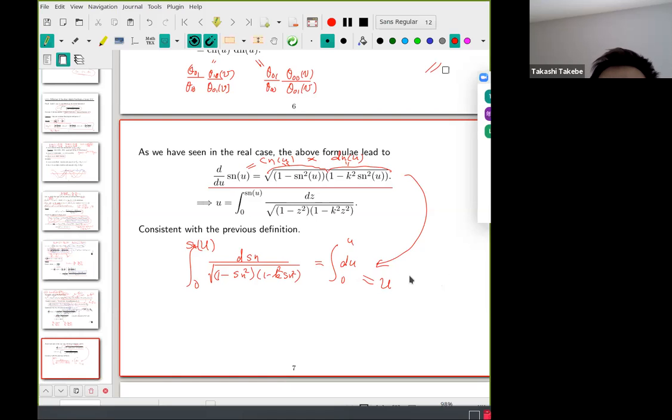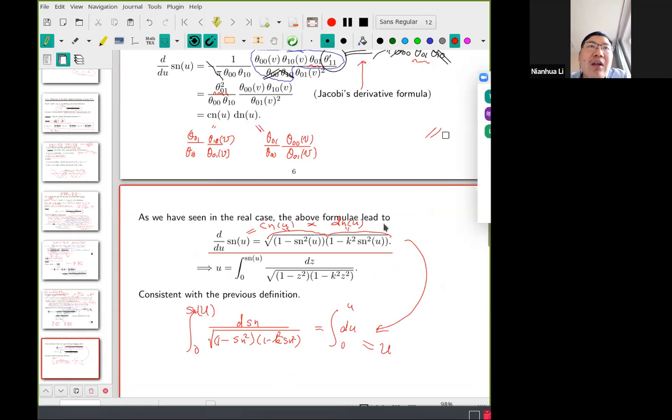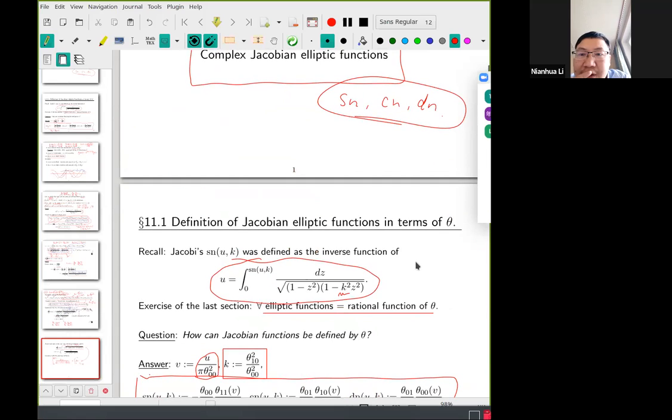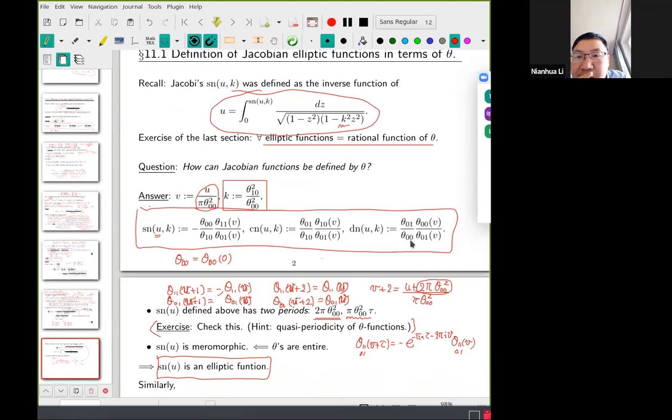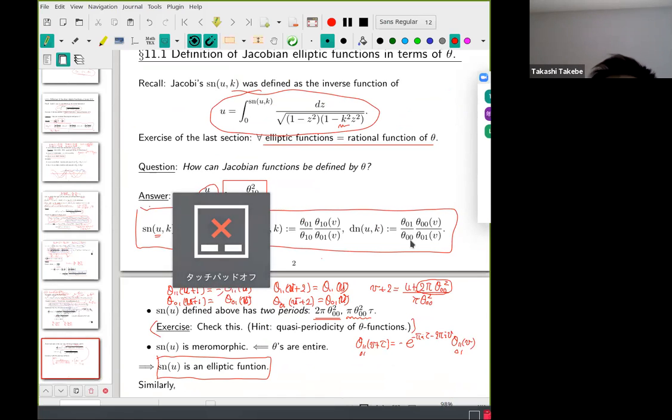Okay, any questions? Well, I have a question. Yeah. You know, in real studies, you just consider the elliptic function on R, just on R, and how to extend it to the complex plane, just using the theta function. Excuse me. Once more, please.